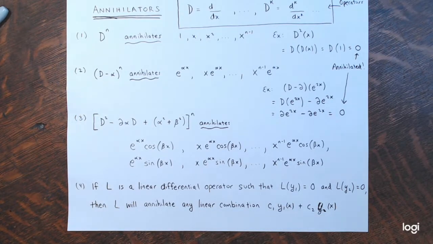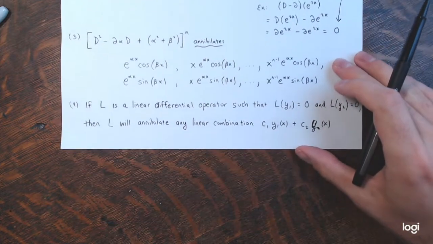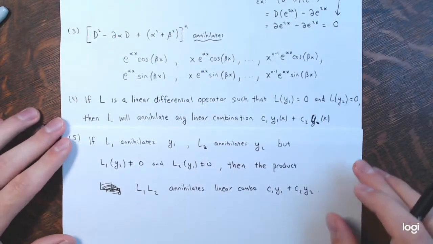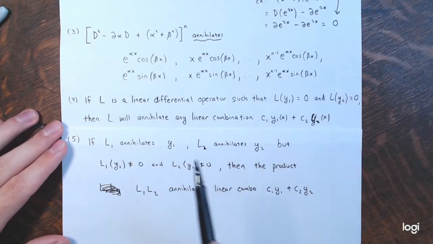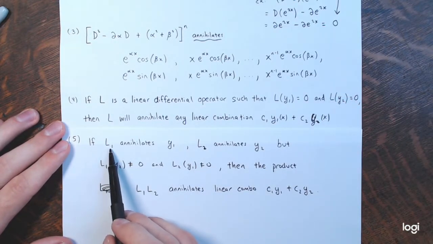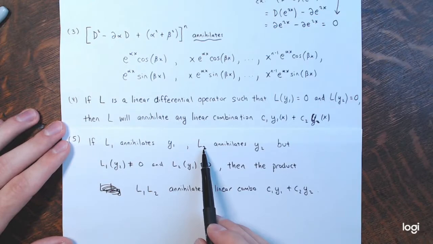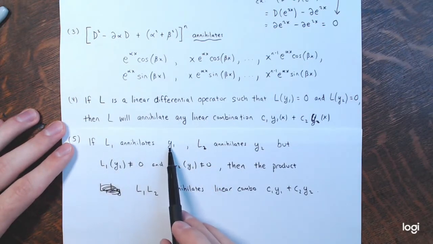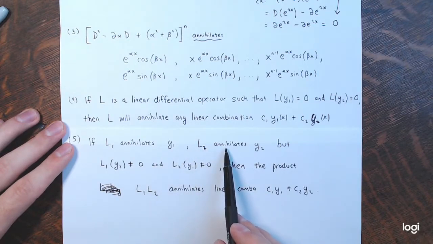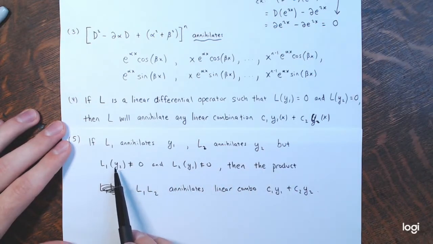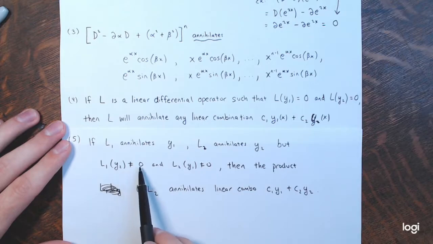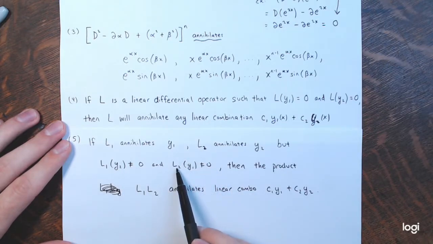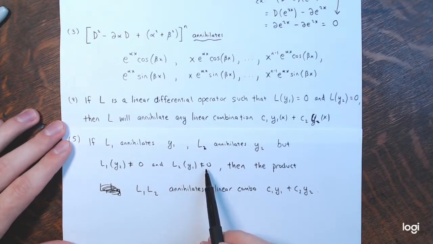And then one final very important rule that we need to know about annihilators, about linear operators. So suppose L1 and L2 are linear differential operators. If L1 annihilates function y1, and L2 annihilates y2, but they don't annihilate the others, so L1 doesn't annihilate y2, L2 doesn't annihilate y1.